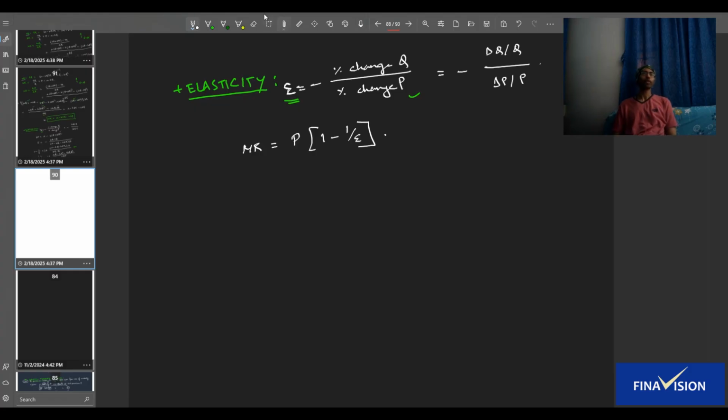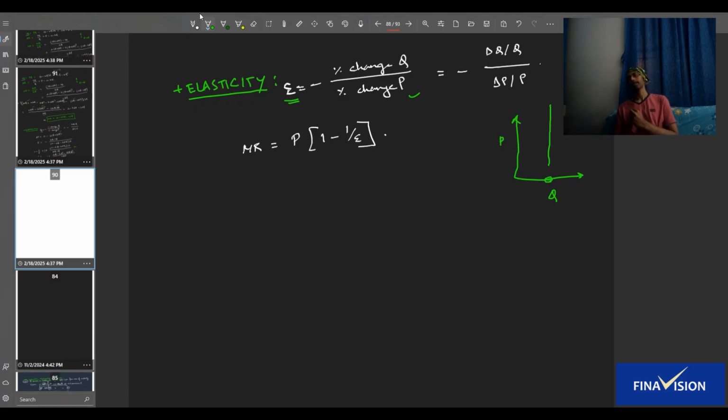Now friends, a few things to remember about epsilon. Epsilon is basically the sensitivity of the change of demand with respect to the change in price, right? Now, if that sensitivity is very low, the product is called inelastic or almost inelastic. In that case, the curve will be something like this. It will be a vertical curve, which means that whatever price changes happen, the quantity remains constant, right?